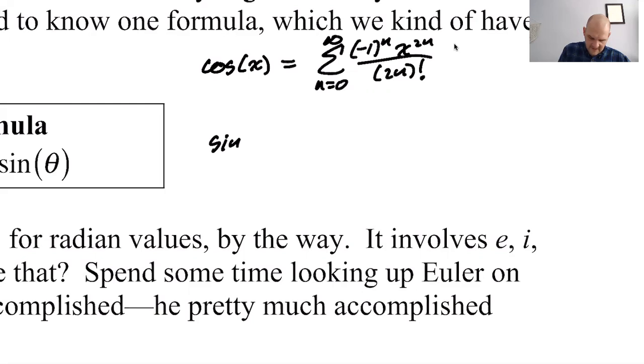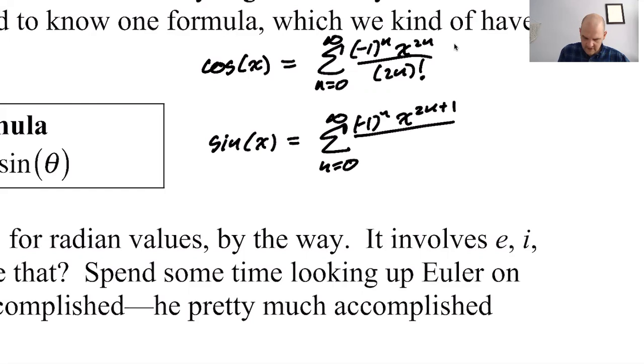We also had something that said sine of x was, and we looked at these, but not super closely, because again, the math is beyond us, but not so far beyond us, x to the 2n plus 1 over 2n plus 1 factorial.